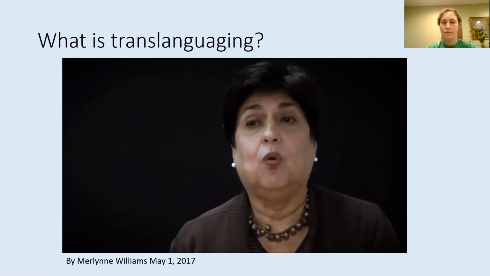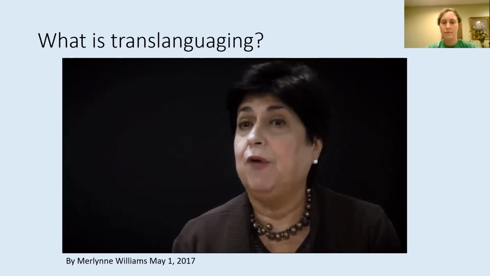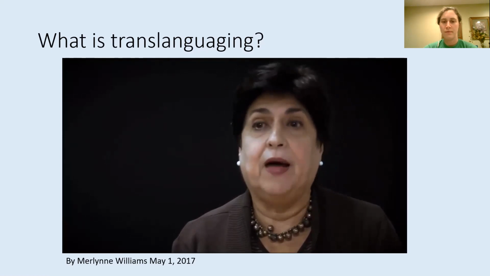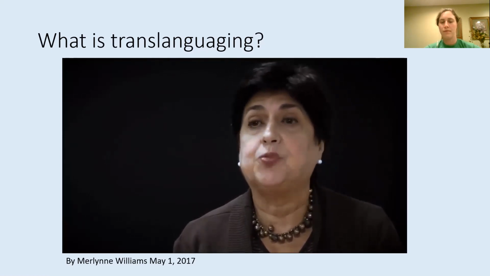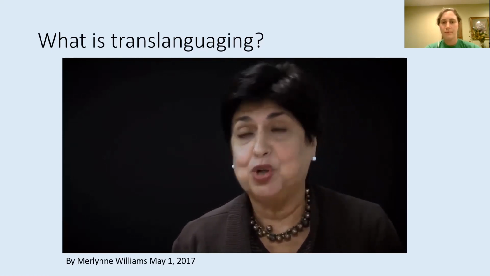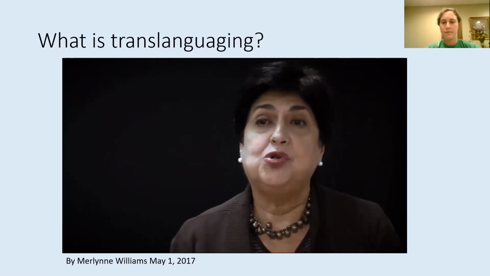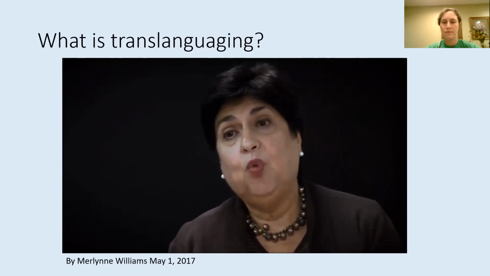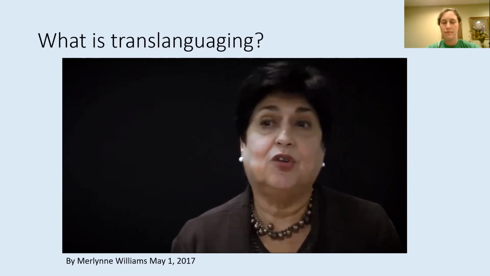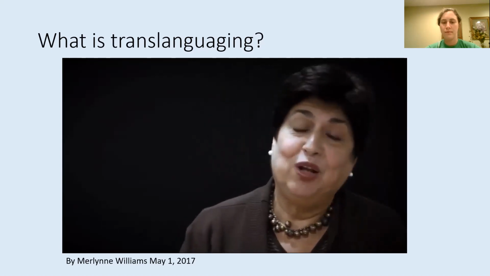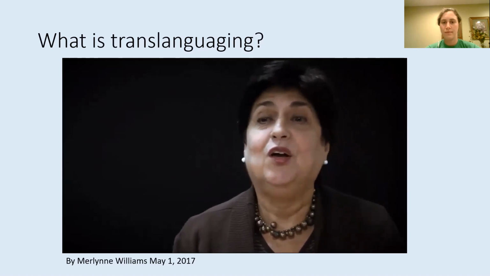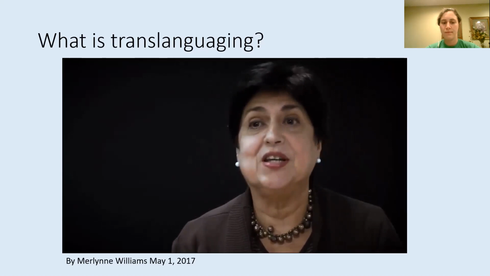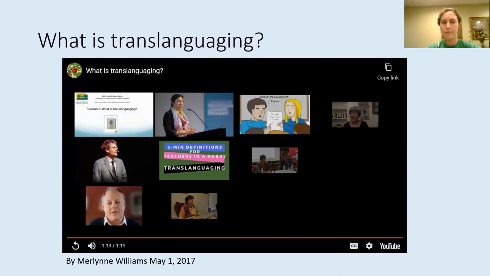Translanguaging is also a way of teaching, a pedagogy that builds on that, on those fluid language practices that bilingual children have, a pedagogy that allows children, for example, to read in one language and then discuss in another, or to read in one language and write in another. So a way of using all the linguistic resources in order to make meaning.